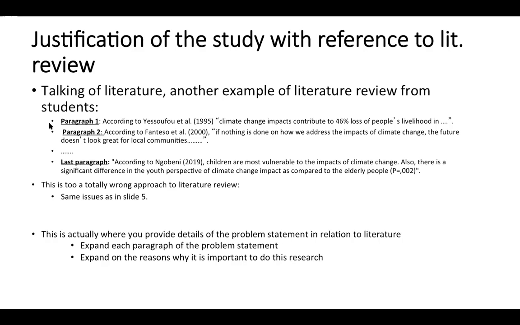To do that, you need to look at different authors. What do they say? Some will support your argument. Others will reject your argument or will use a different perspective. And how are you going to put all those stories together to justify your own project?